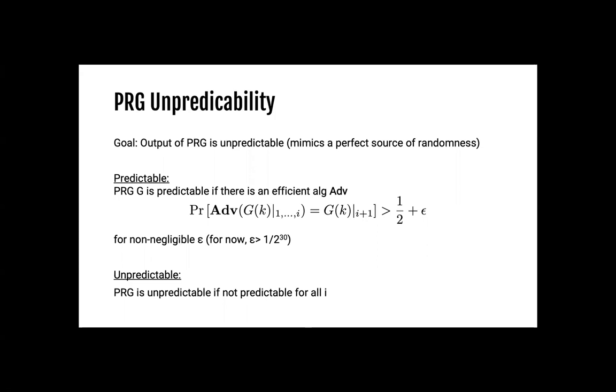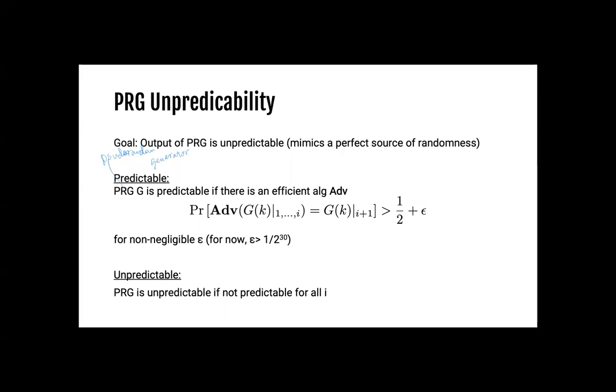So PRG, let me just write this down, pseudo-random generator, right? I'm not sure if I spelled pseudo correctly. It looks like something is wrong, but pardon me if there's a typo.